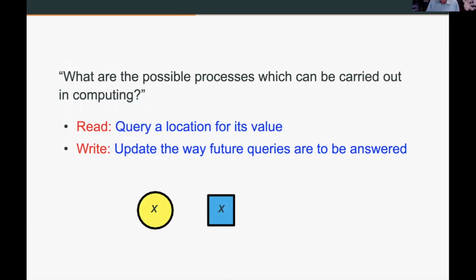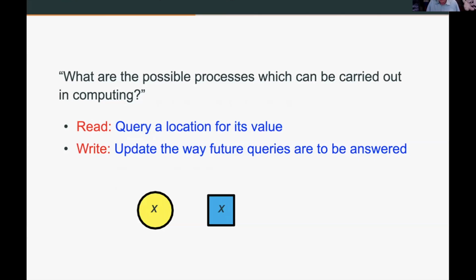Turing's observation, I wrote, in his famous paper, what are the possible processes which can be carried out in computing? He asked himself, what are the basic atomic actions? And he said, reading and writing, querying a location or cell on a tape, or writing on it.